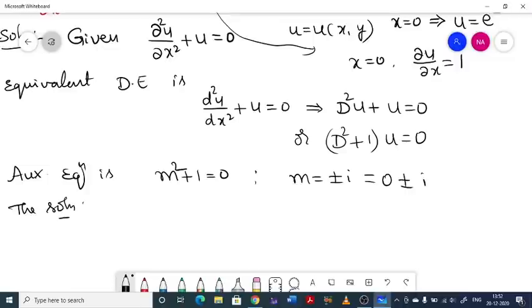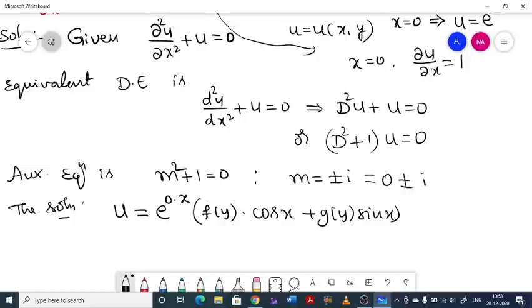see here the dependent variable is u, so you have to write the dependent variable here, equal to constants, which must be functions of the independent variable whose derivative is not occurring here. So e power real part into the independent variable, which is x. So e power 0 into x into f of y into cos x plus g of y sin x.